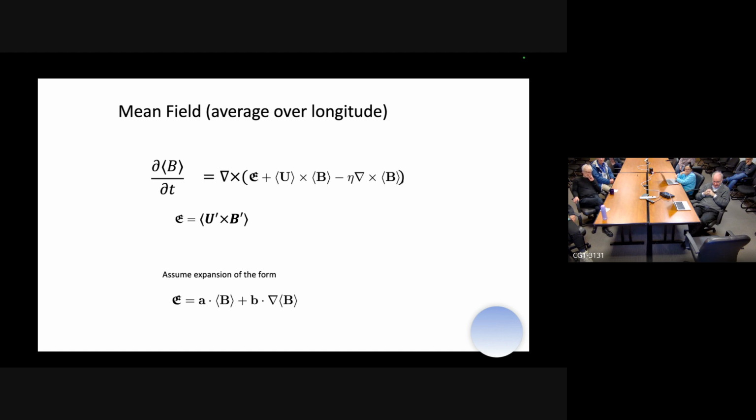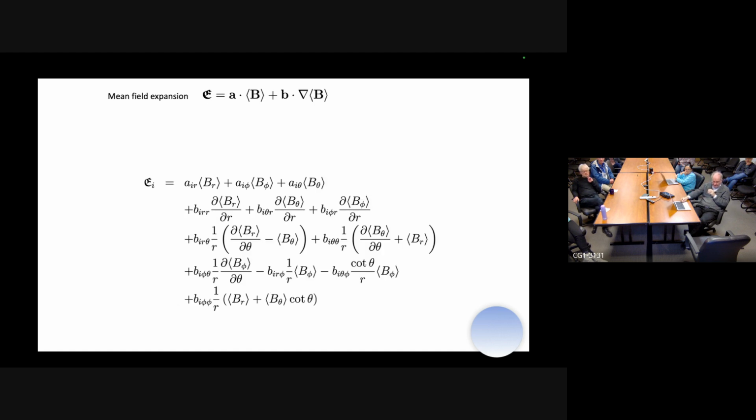In the mean field framework, we expand it to lowest order as A dot B plus B dot nabla B. So this is in covariant form. If you write it out in detail, it has all these terms. B here is a third order tensor and A is a second order tensor.